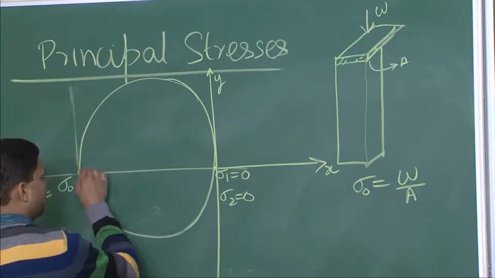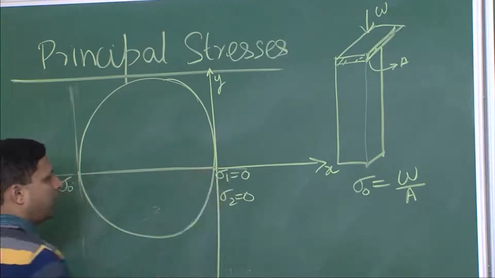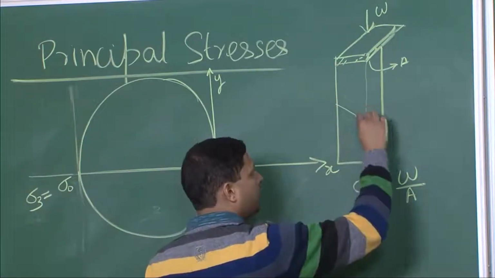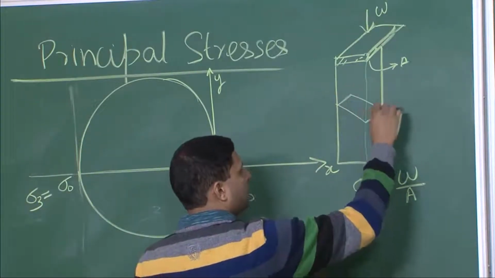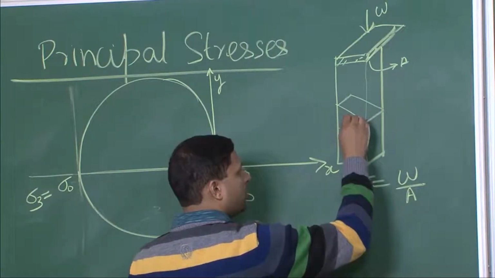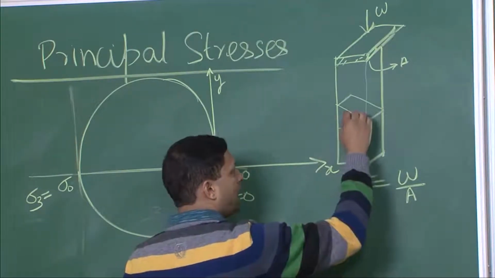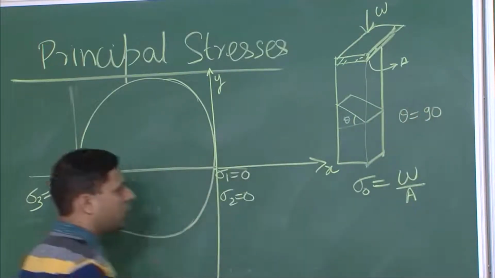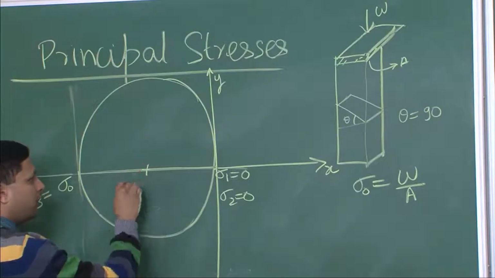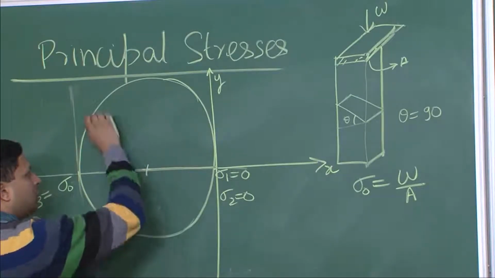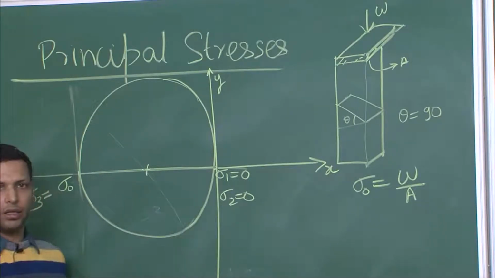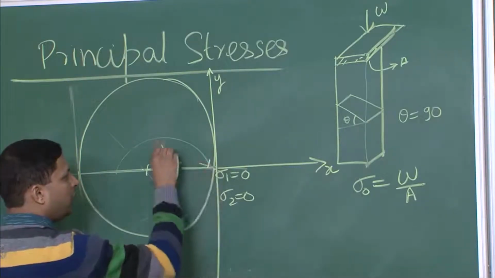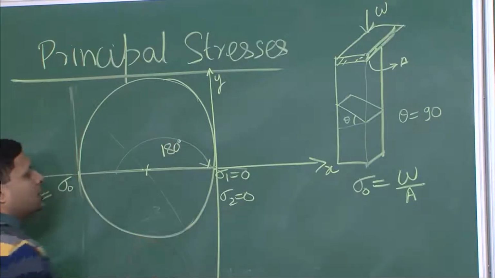Now, in this particular case, when we rotated by 90 degrees, we took a different plane from the normal. This was theta, and we said that if you take theta equal to 90 degrees, then over here, on the circle, you are rotating a line by 2 theta, which means you are rotating it by 180 degrees.